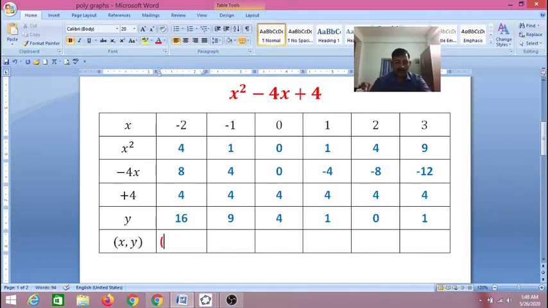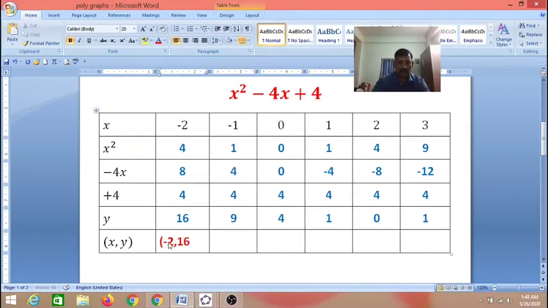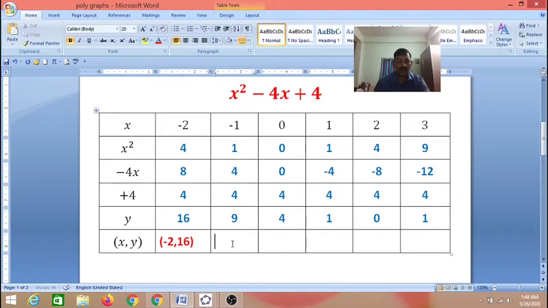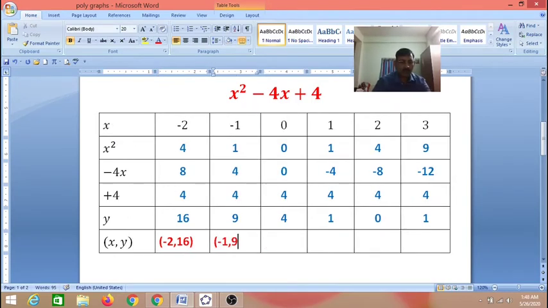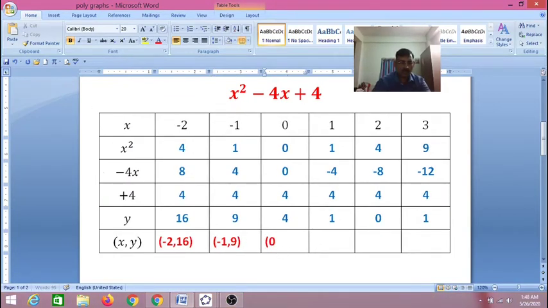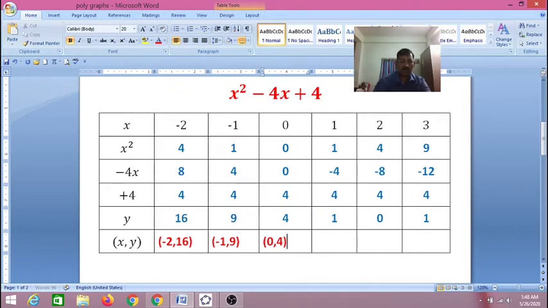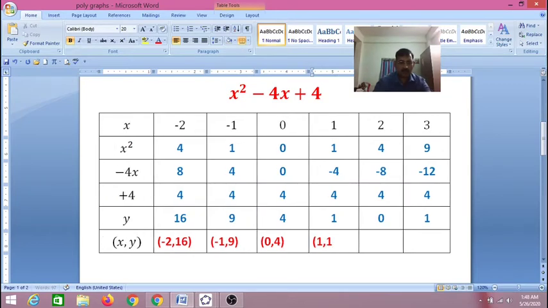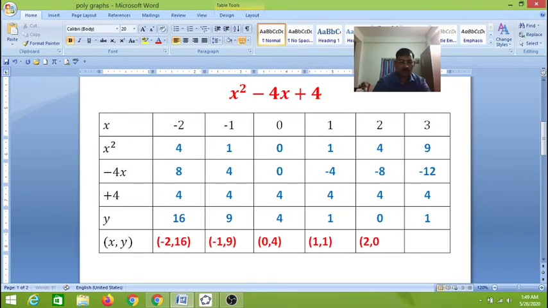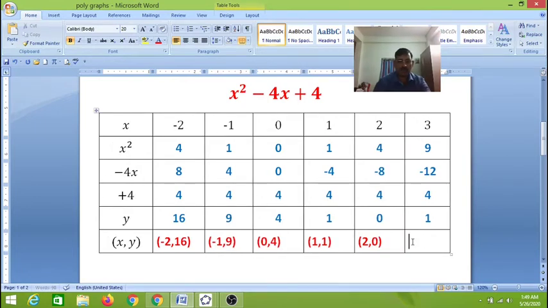So we get minus 2 comma 16, then minus 1 comma 9, then 0 comma 4, then 1 comma 1, then 2 comma 0, and 3 comma 1, right?